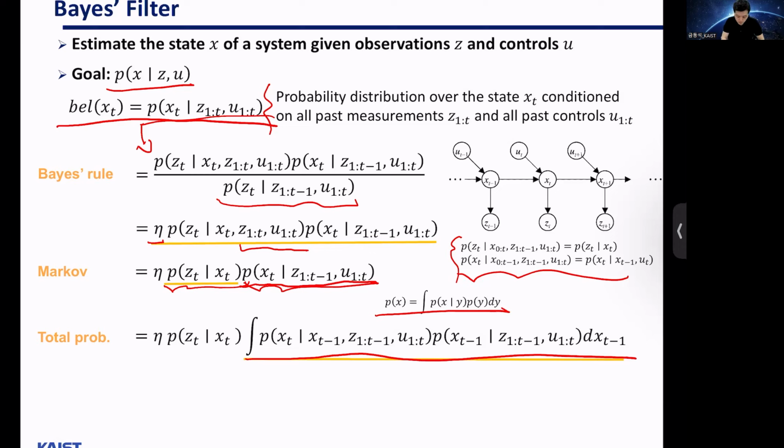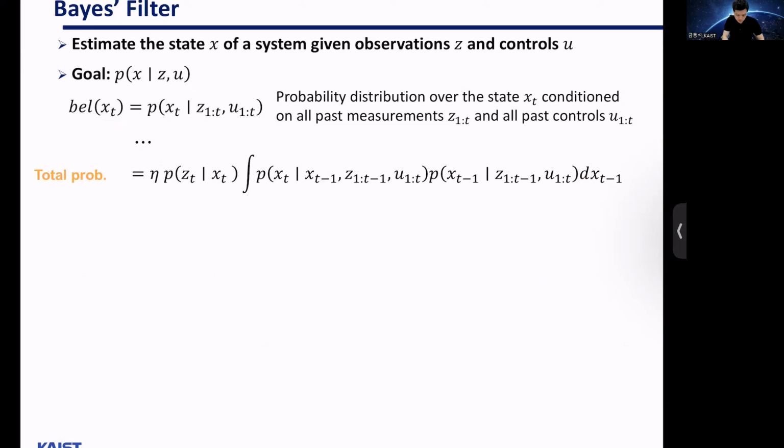What this was is we can condition on y, and we need to multiply it by p, and if we integrate that over y, then we can compute px, and this is just an application of that. Okay, that's the total probability we learned. Here, this is the y, and this term is py.